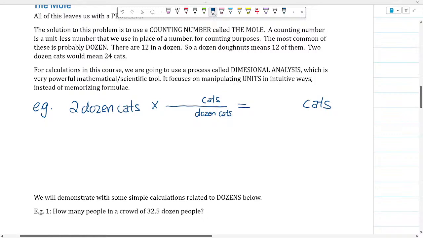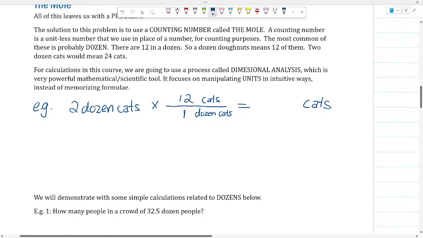And now, the only thing we have to do is this fraction has to be 1. Does that make sense? Because if you multiply by 1, you're not actually changing anything. In other words, you have to put numbers in this fraction such that the top and the bottom mean the same thing. So what numbers could I put here to say that how many cats is the same as saying a dozen cats? Well, we could say 1 dozen cats is the same as saying 12 cats.